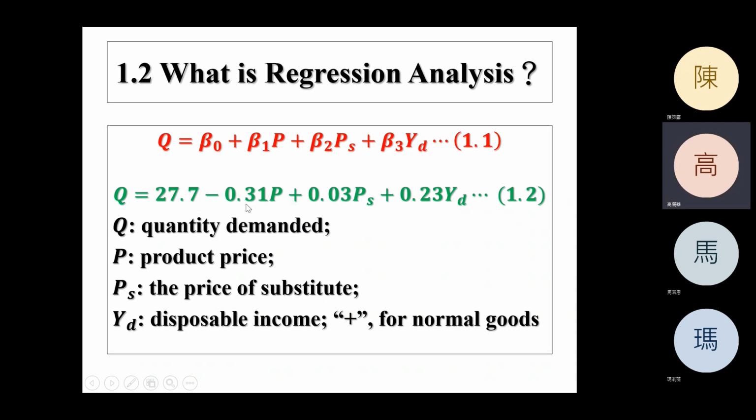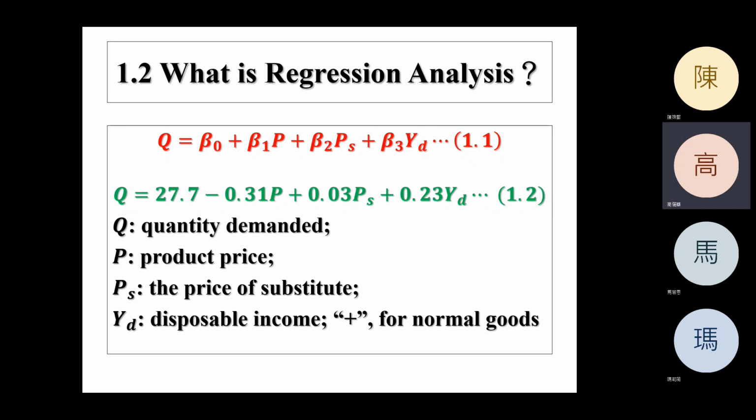Then for the regression analysis, I also need to test whether those numbers are statistically significant. Some of you may not understand what statistically significant means, but when we get to that, you will know it.